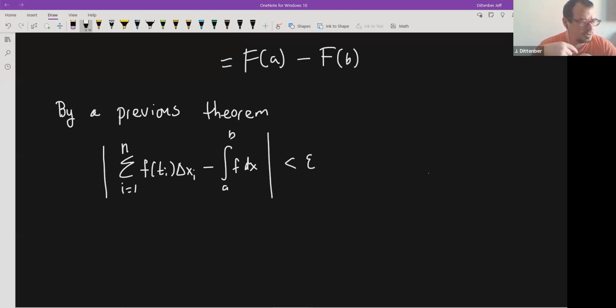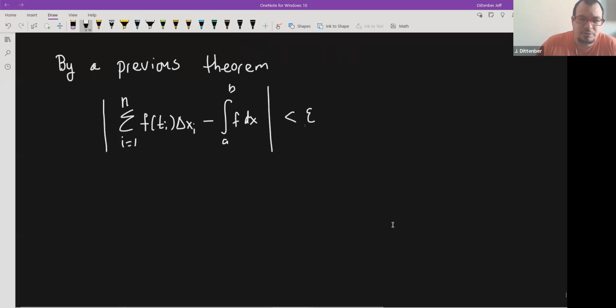So I think here we're assuming that all of our functions are real valued. I know it says it at the beginning of the chapter. So anyways, here we have this thing here.